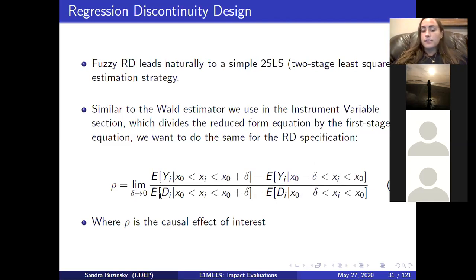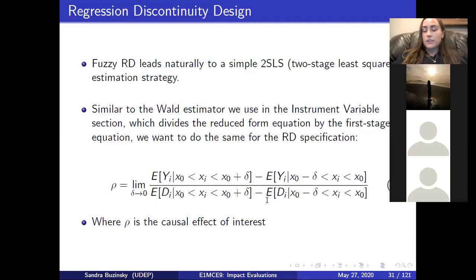And then we rescale by the first stage regression, which is how the x determines the treatment status. So the expected value of your treatment, given that your xi is above the cutoff and therefore on the treatment side, but still within the window of comparability, so less than x0 plus delta.